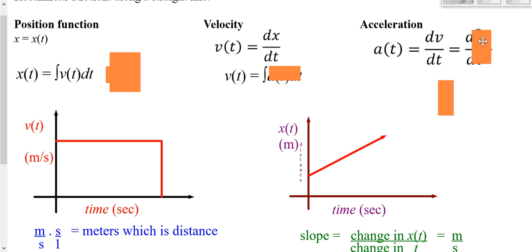Also, since velocity is the derivative of distance, acceleration is really your second derivative of distance. If you look at your acceleration graph and take the area underneath, you would get your velocity, and once again, the units would tell you that. So that's the relationship between distance, velocity, and acceleration.